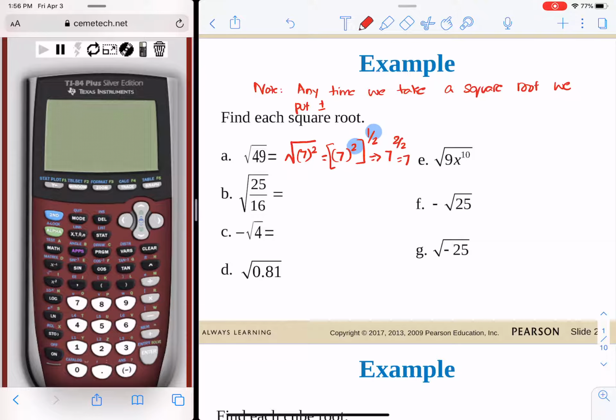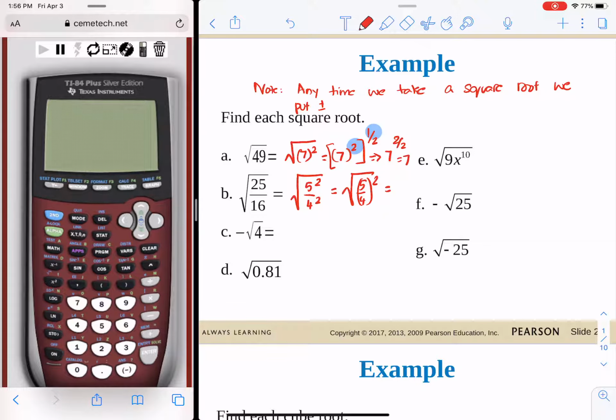So we could extend the same idea to other radicals, but typically it comes into play when we have the square root. So don't forget to specify plus or minus when we have square roots. So using the same logic here, we could write 25 over 16 as 5 squared over 4 squared, which is simply 5 over 4 squared.